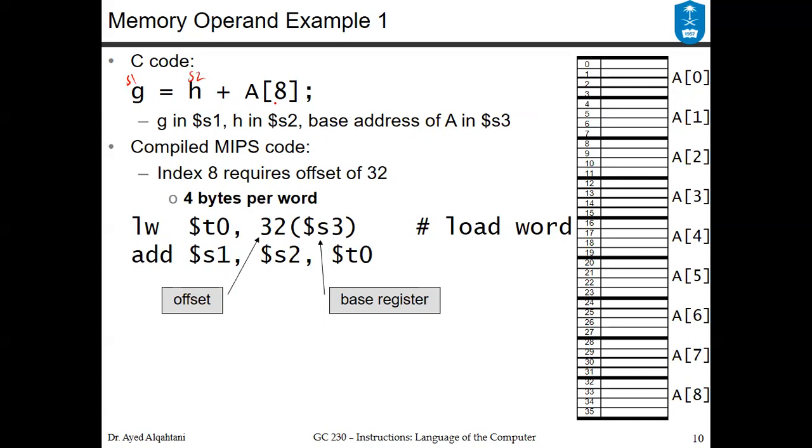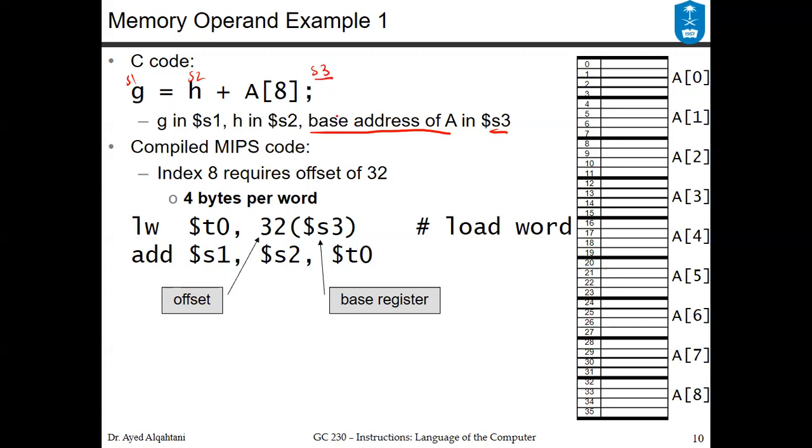And for arrays, we should know where the base address of the array is. The base address of the array A is in S3. So S3 has the base address.